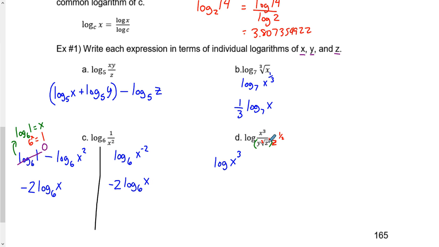But because you're dividing by both of these things, you are going to subtract each of these individual things. So log of y, but in that denominator, we're multiplying. So as long as we have that bracket, we're multiplying these two, but it's being divided. This x cubed is being divided by this y and z to the power of 1/2.